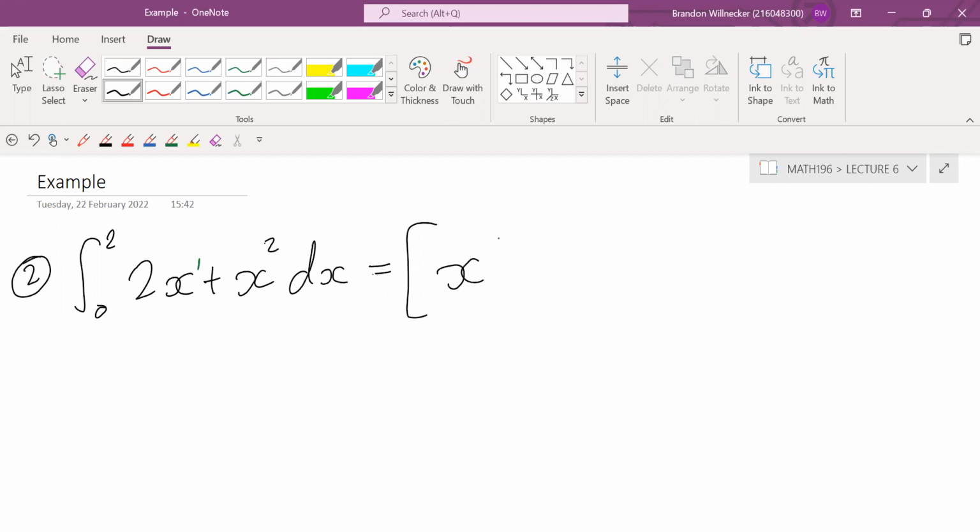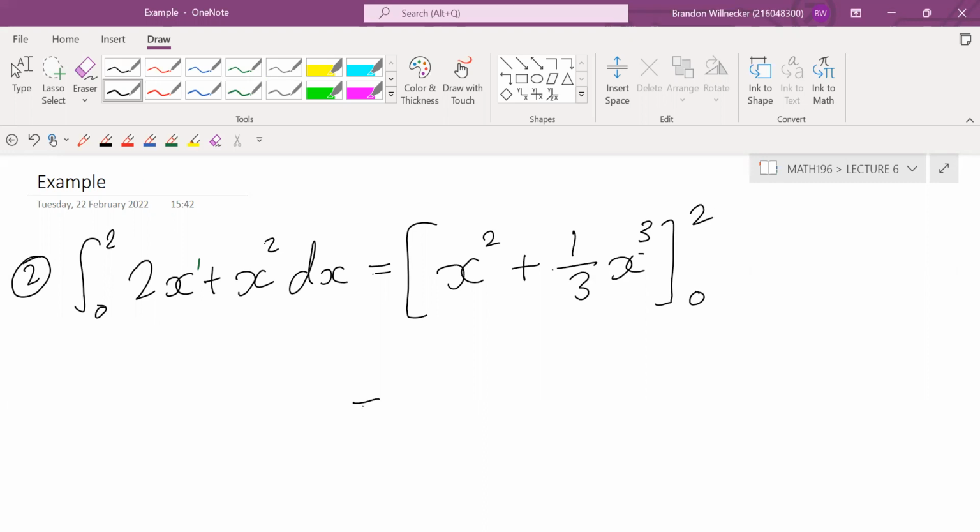So it becomes x squared plus the antiderivative of x squared. We did this in the previous example. We add 1 to the exponent to make it 3, divide by the new exponent, and we get 1/3 x cubed, evaluated from 0 to 2.